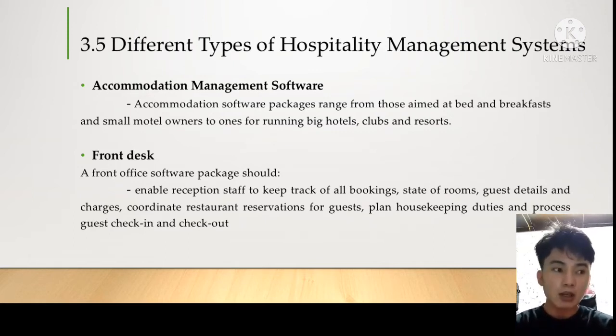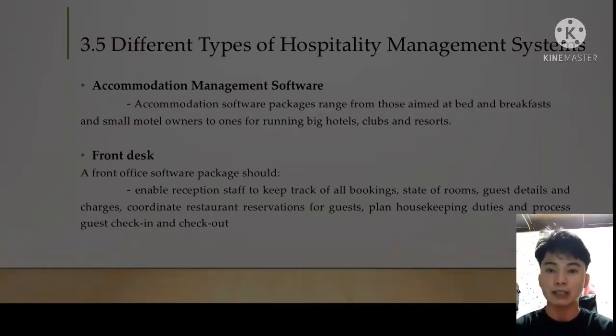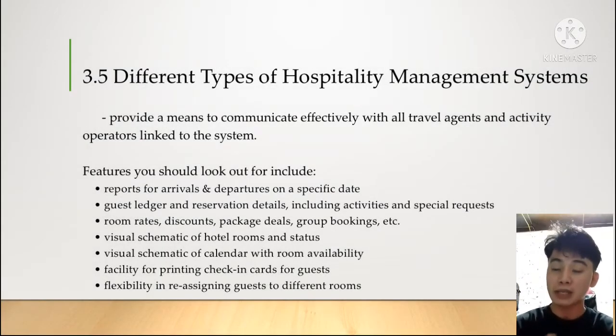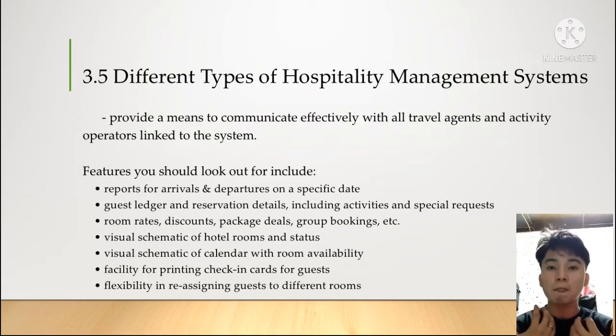So, of course, it gives easy access to the guest folios in order for the staff to have an organization and easy access to the information of the guest. Provide means to communicate effectively with all the travel agents. Of course, front office software enables you to communicate effectively with the travel agents.